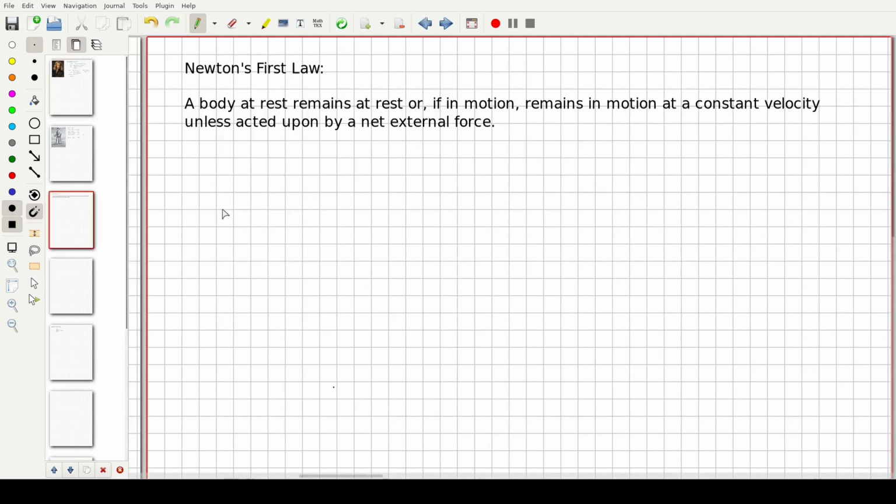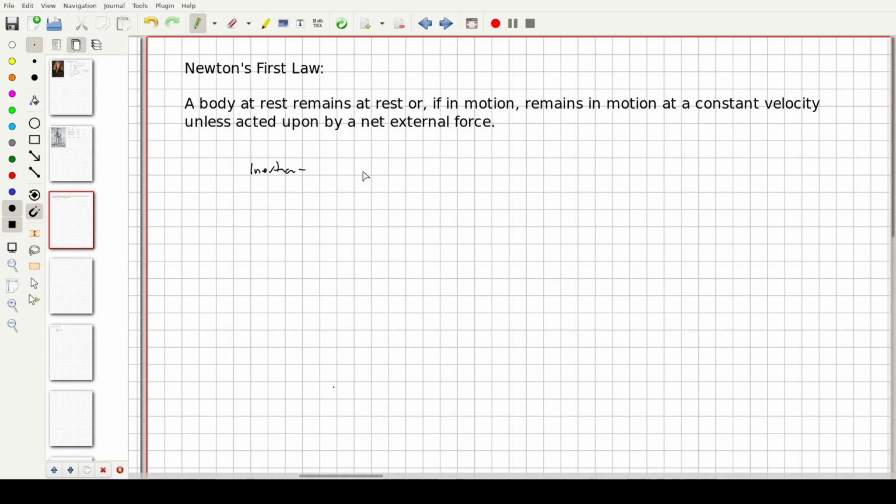So the first law looks like this. A body at rest remains at rest, or, if in motion, remains in motion at a constant velocity unless acted upon by a net external force. Now, we're going to pick this law apart here in a moment. But before we do that, what I'd like to do is to introduce something called inertia as a concept.